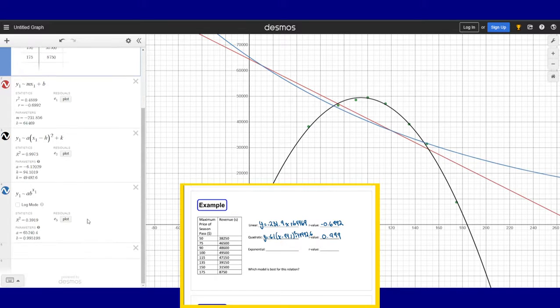In the exponential model, we get y equals 65,240.4 times 0.995 to the power of x. And the R value is the square root of 0.3919, which is 0.626.